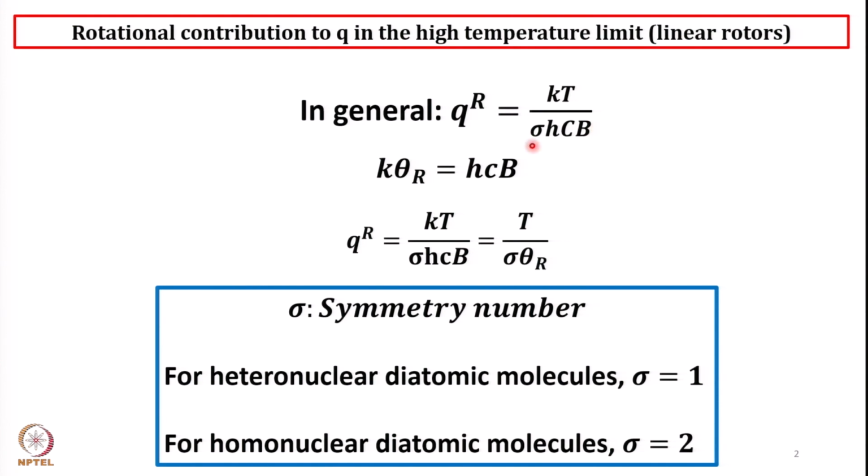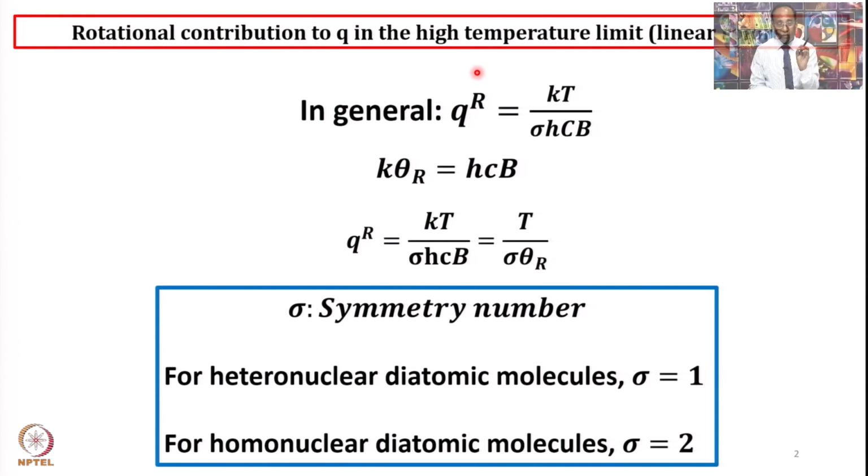Remember that this expression is based upon the assumption that the rotational energy levels are close to each other, and under normal conditions of temperature there are several rotational energy levels which are populated. The approximation was that we can consider the summation as equal to integration.